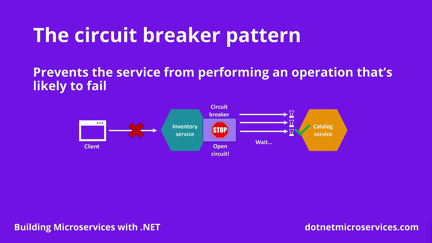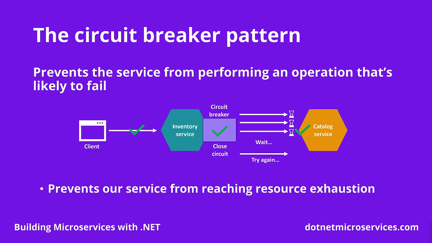Eventually, the circuit breaker will let some requests go out to verify if they succeed. And if that is the case, it will close the circuit again, letting all further requests reach the dependent service. That's how the circuit breaker prevents our service from reaching resource exhaustion, while at the same time avoiding overwhelming dependent services until they get a chance to recover.